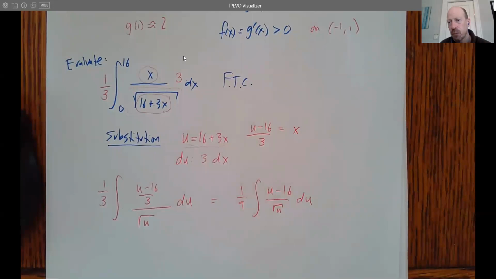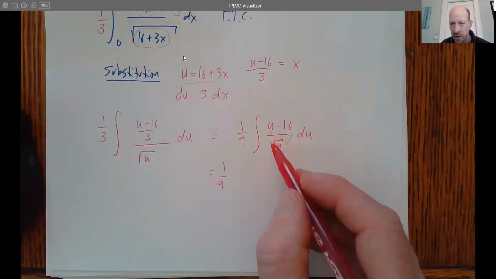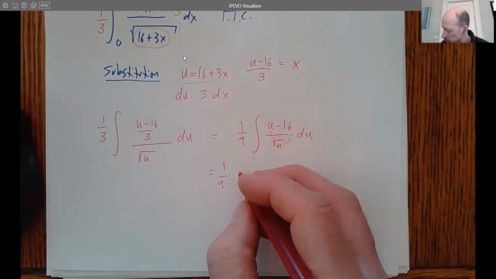You may look at that and think, wow, I did all this work. I don't know that this really looks any better, but it actually does. It's better because the denominator is now just a single term. It's a square root, but it's a single term. So I can divide that into both of these. That gives me 1/9, and u divided by the square root of u is the square root of u.